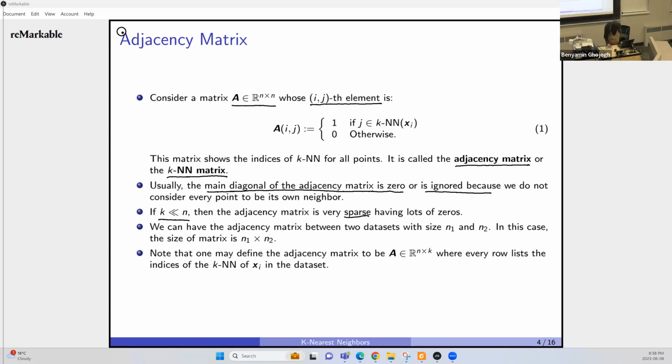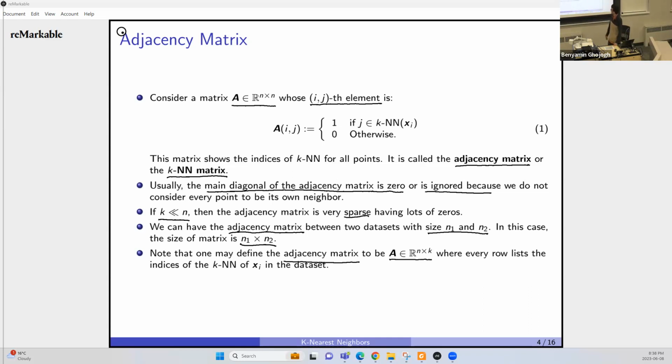We can have the adjacency matrix between two data sets with sizes n1 and n2. Therefore, the adjacency matrix in this case will have n1 rows and n2 columns. But if you use the adjacency matrix of one data set over itself, it will be a square matrix. Note that one may define the adjacency matrix differently.